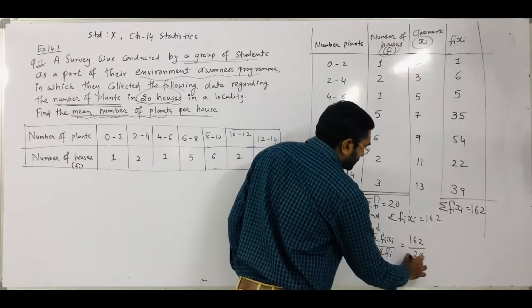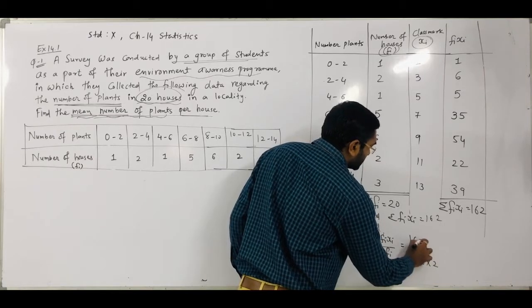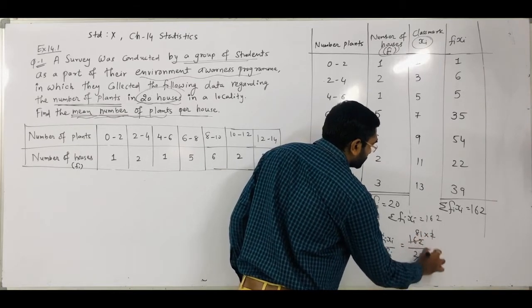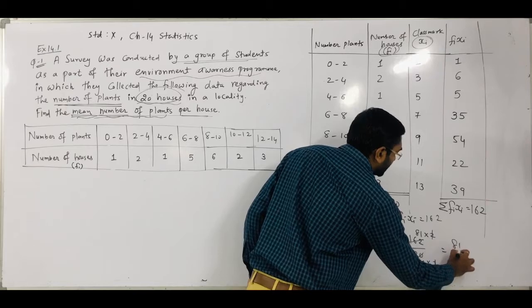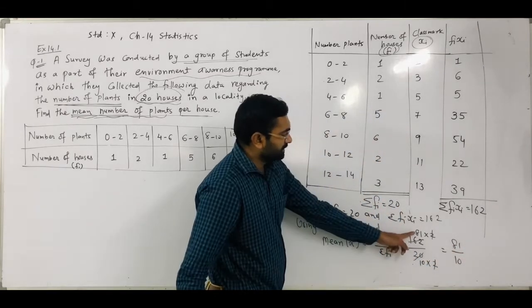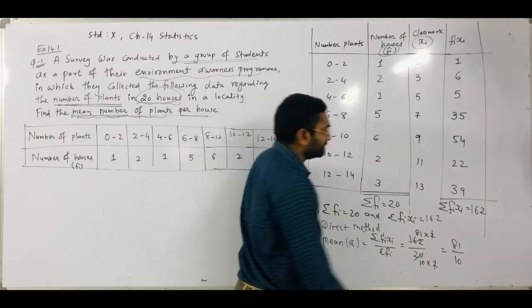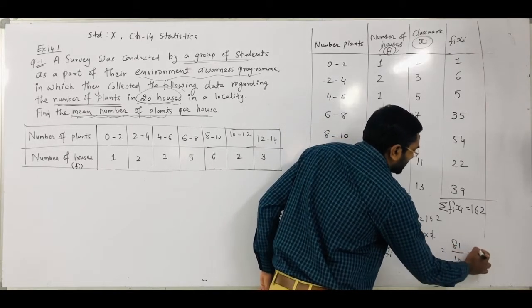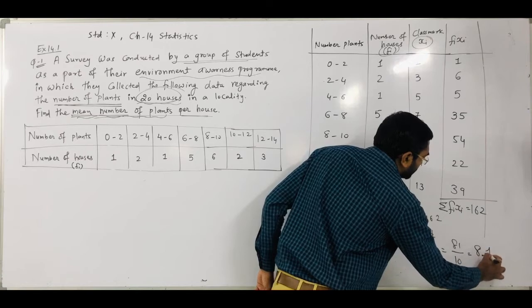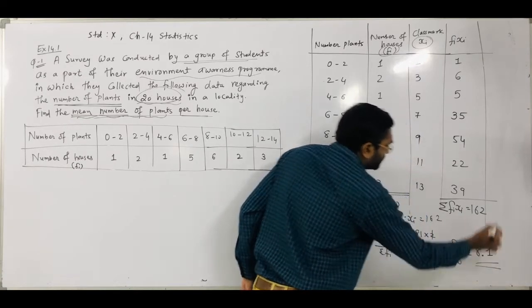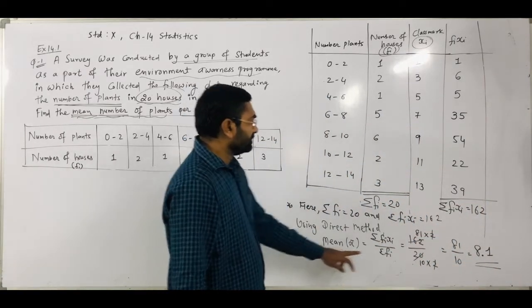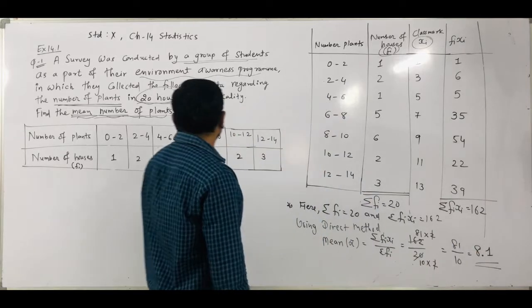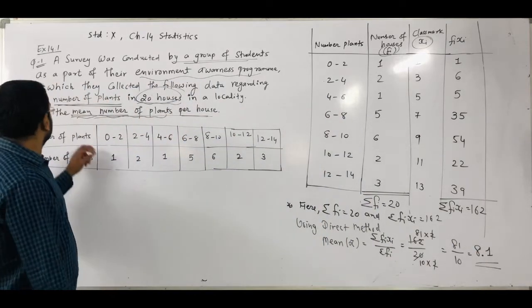So 10 2s are 20, and 81 2s are 162. So the 2 cancels out, and we get 81 divided by 10: 81 in the numerator, 10 in the denominator. So the decimal point comes one place from the left, and we get 8.1. Right? So the mean of the given observations is 8.1.